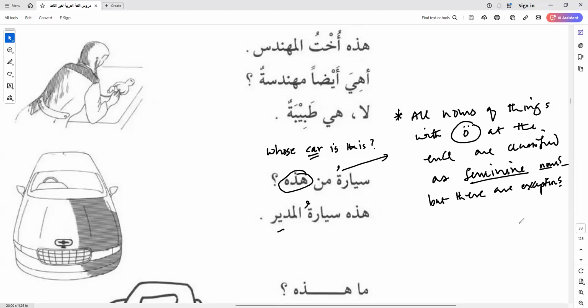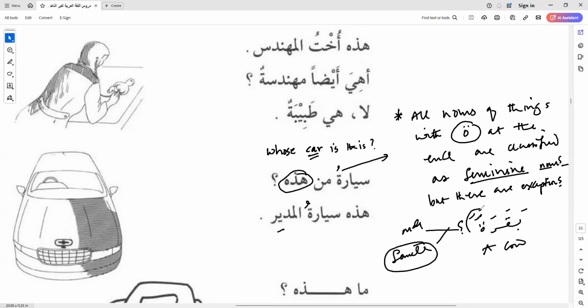So if somebody asks you, like Baqarah, is Baqarah male or female? Remember, it's a cow, right? Now, if you are not sure, say it's female.